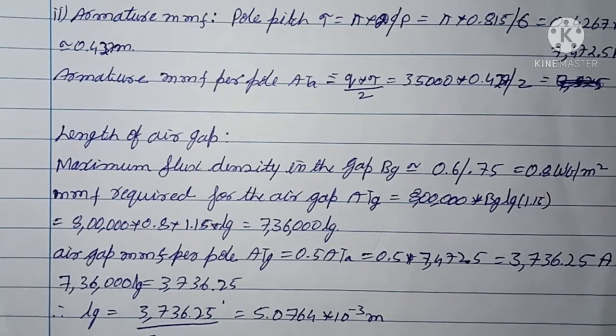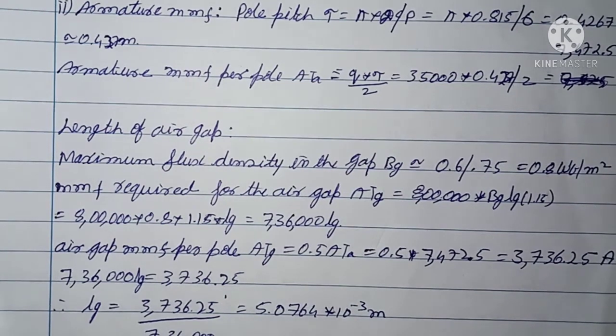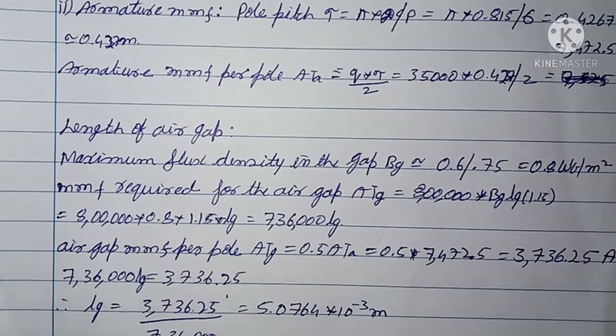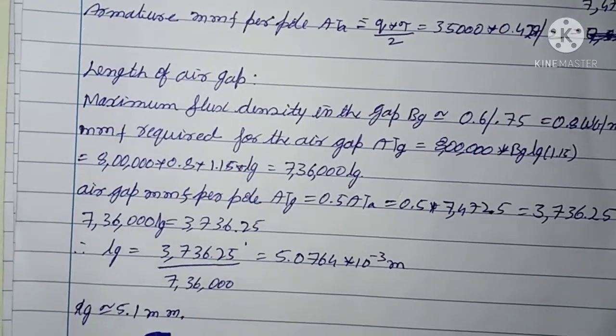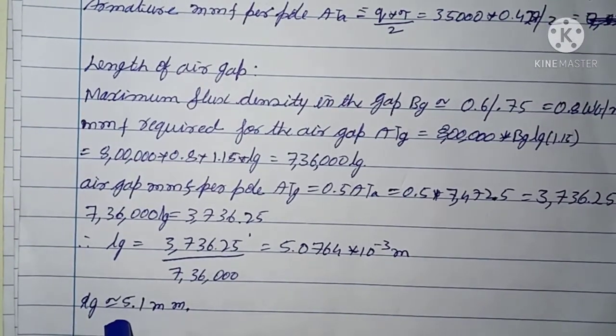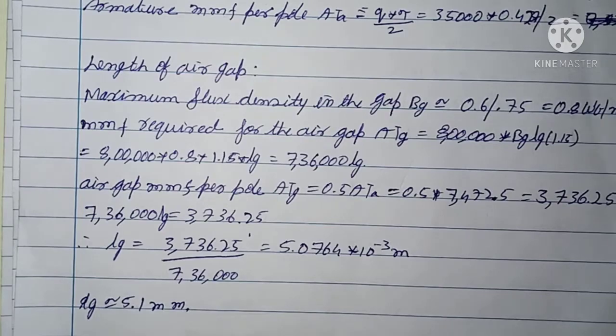Therefore LG will be 3,736.25 divided by 7,36,000, which is 5.0764 into 10 raised to minus 3 meter, approximated to 5.1 mm.